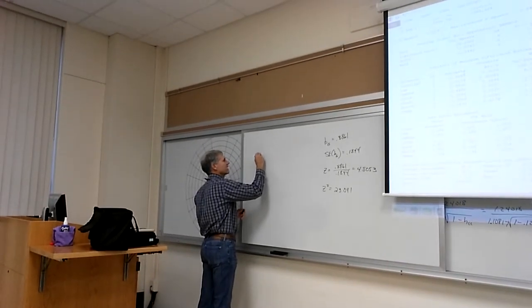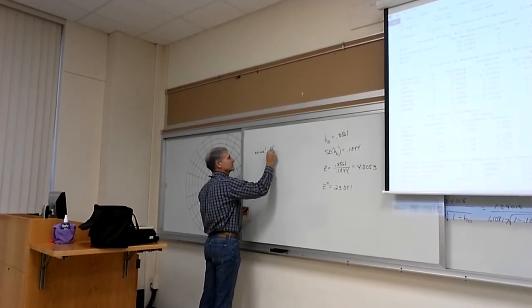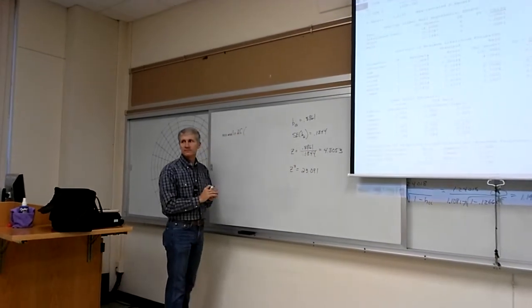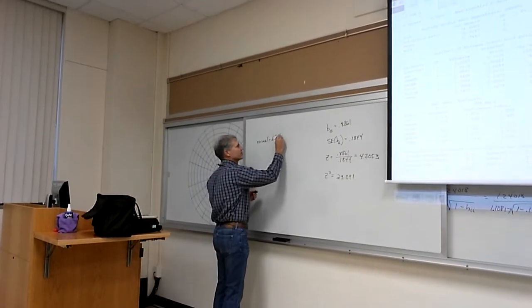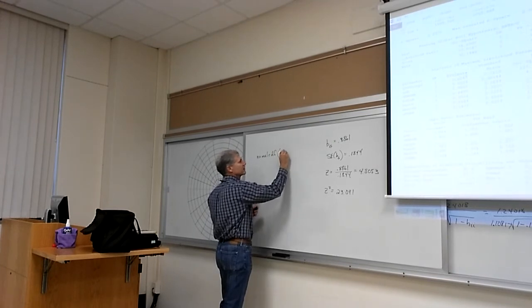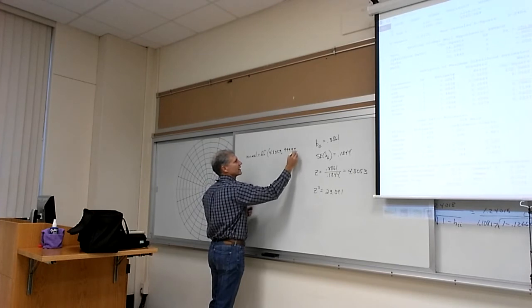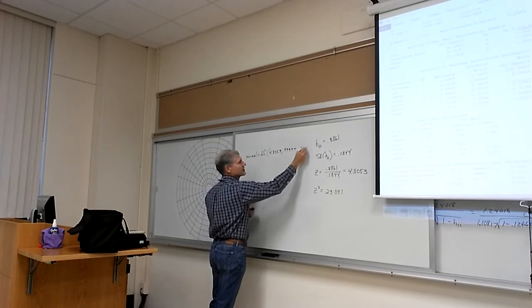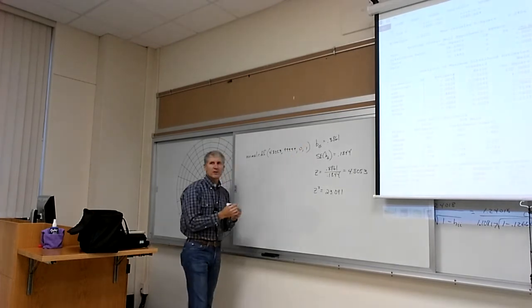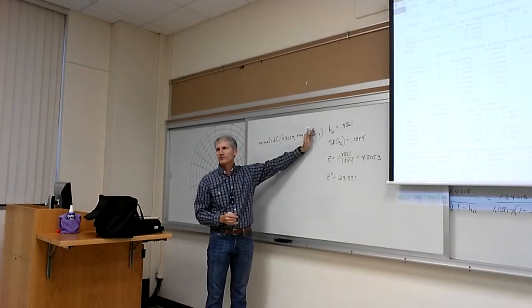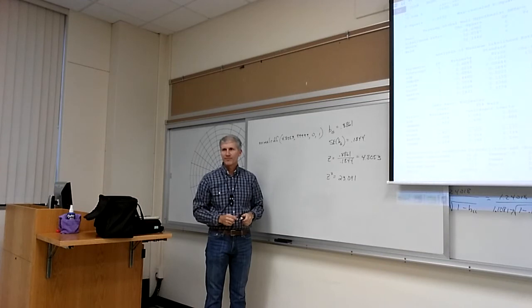You use normal CDF from this number to infinity. 8.3 to infinity, 9999. And then you don't have to enter 0, 1 because it is standard normal. The calculator will default to 0, 1 if you close your parentheses right there. Right?